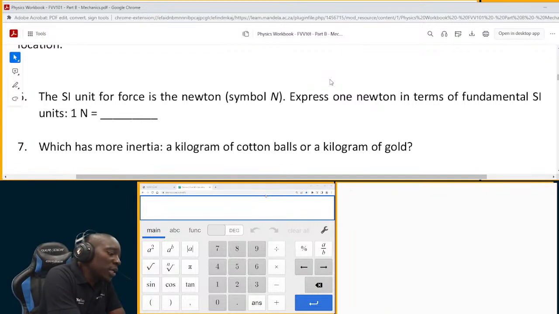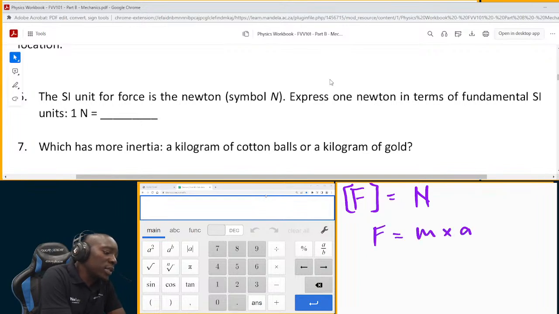So we measure force. The unit there is the Newton, where from the formula, force equals mass times acceleration, the units of force should be equivalent to the units of mass multiplied by the units of acceleration.